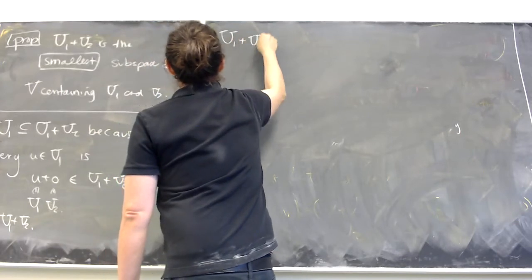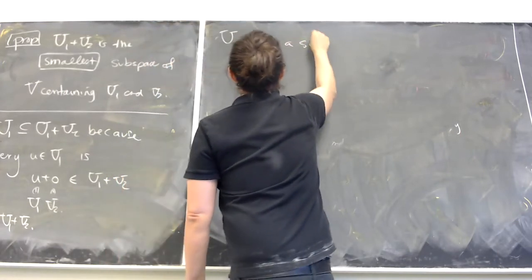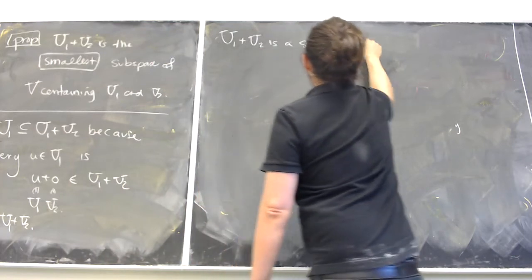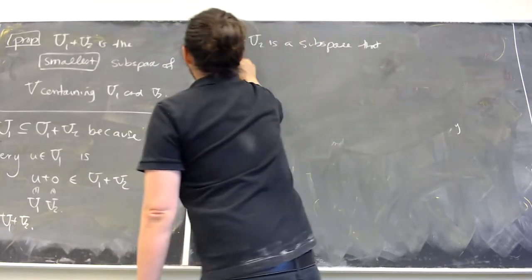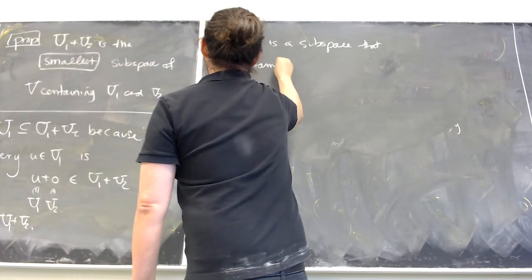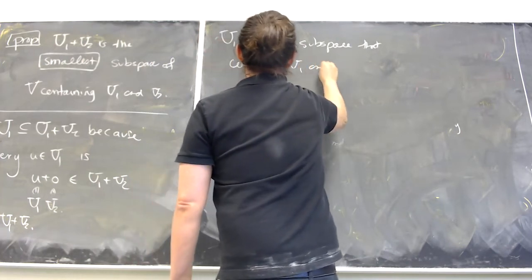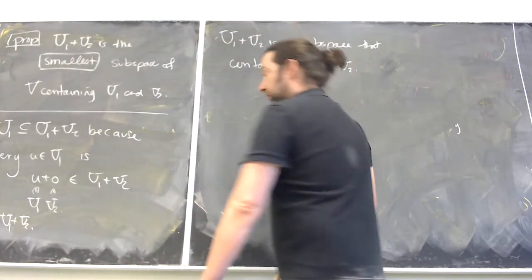U1 plus U2 is a subspace, which we just proved, that contains U1 and U2.